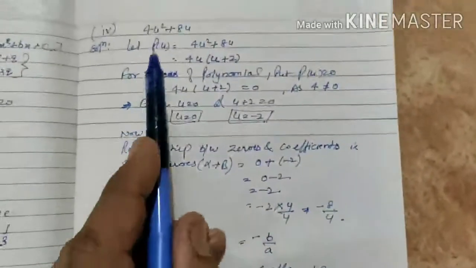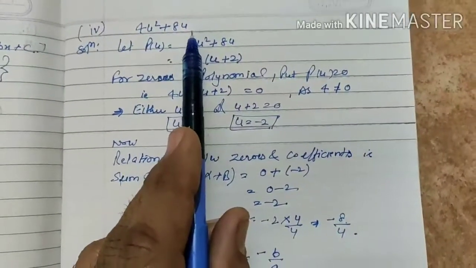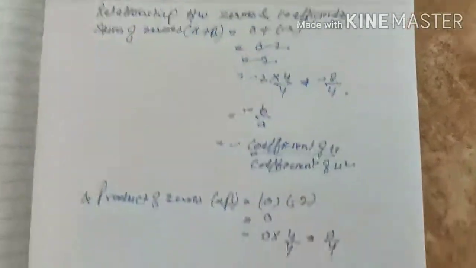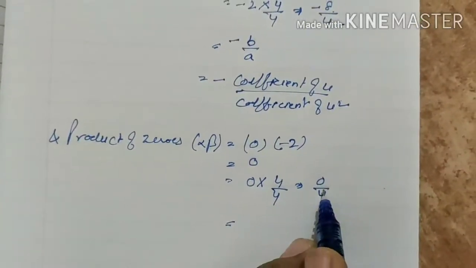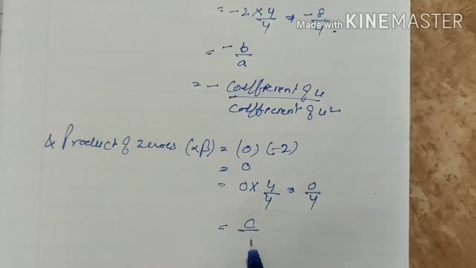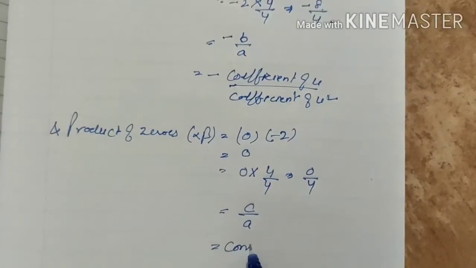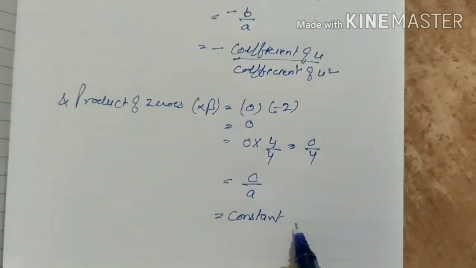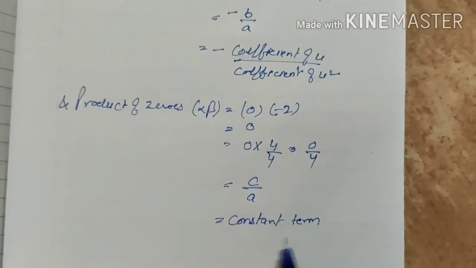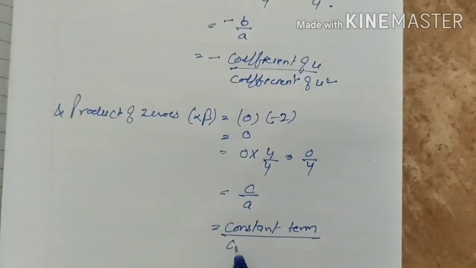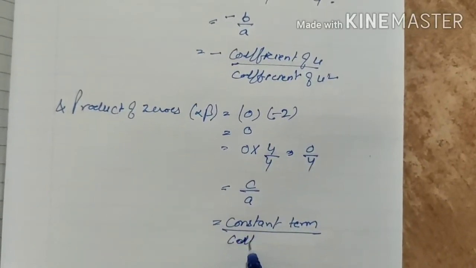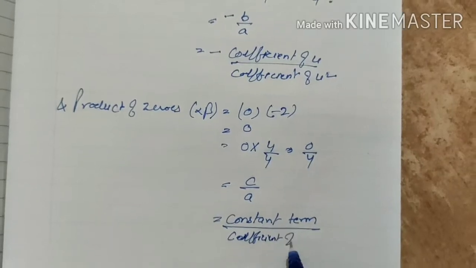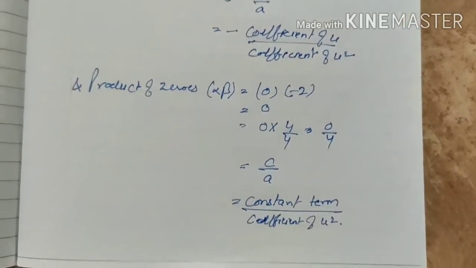So we don't have constant terms, that's why here c is 0. So c is the constant term, and 4 is a, so constant term upon a is the coefficient of u square. So this is all about part number 4.